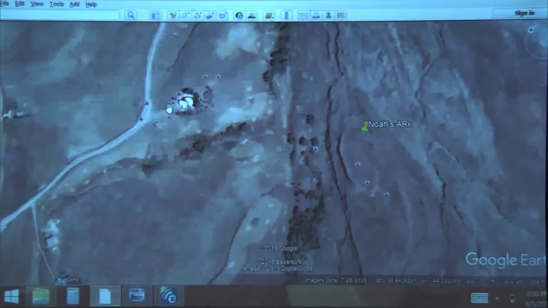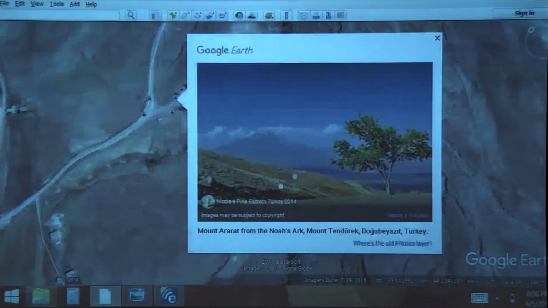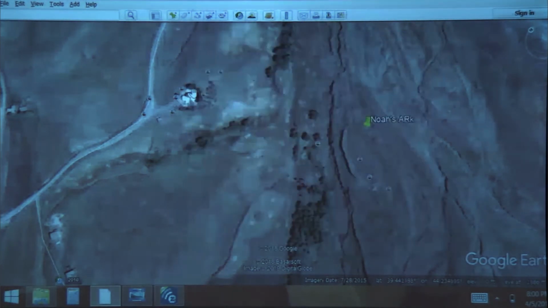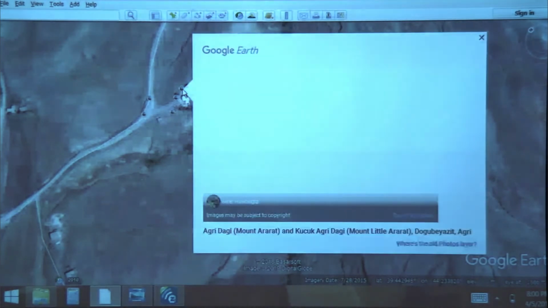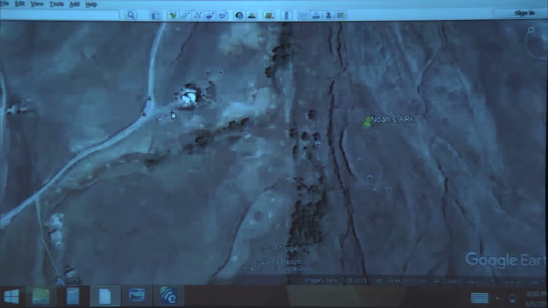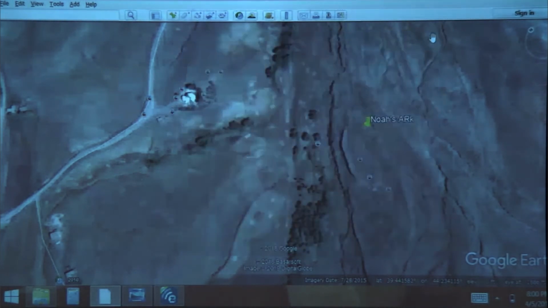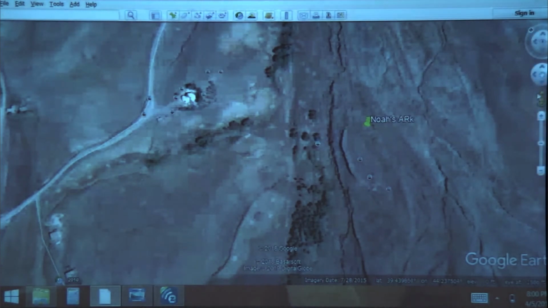In fact, over here is, let's look at the map. Let's see if I can get a picture of it. Okay, let me see if I can land over here.